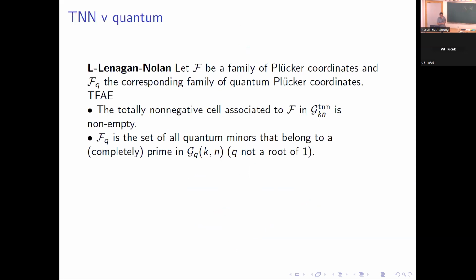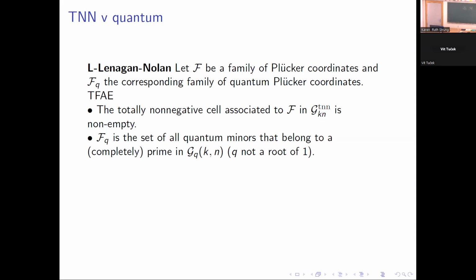Okay, right. So this is a slide where I start making the link between the totally non-negative side and the quantum side. What we proved with Launois and Nolan a few years ago is the following. Take a family of Plücker coordinates F, and take F_q to be the corresponding family of quantum Plücker coordinates.